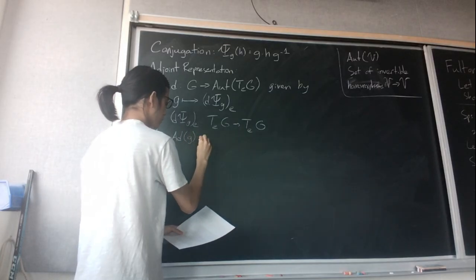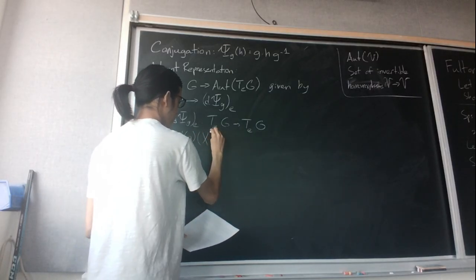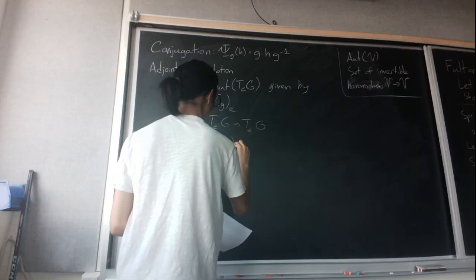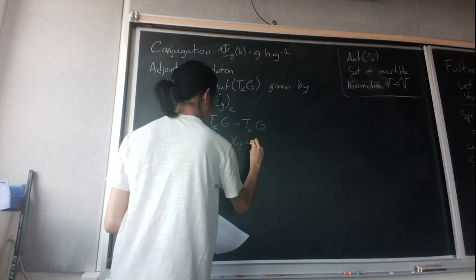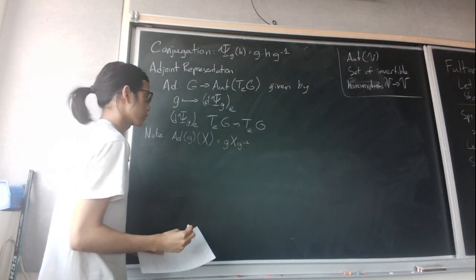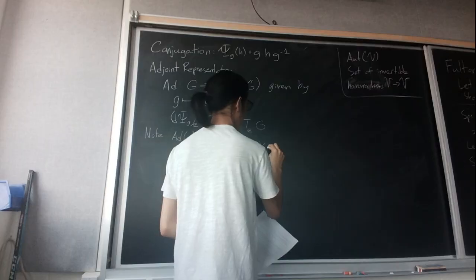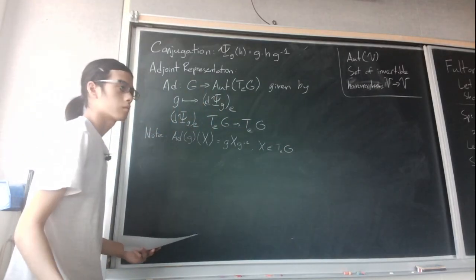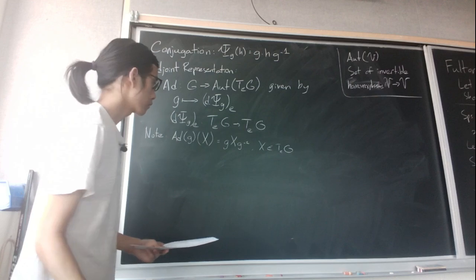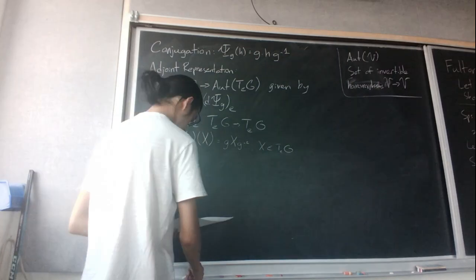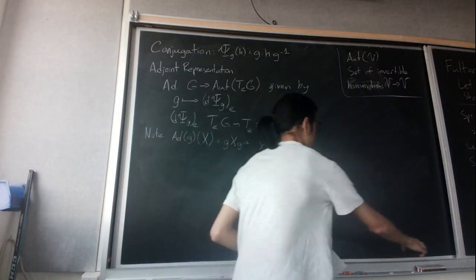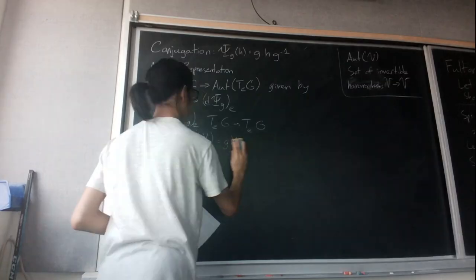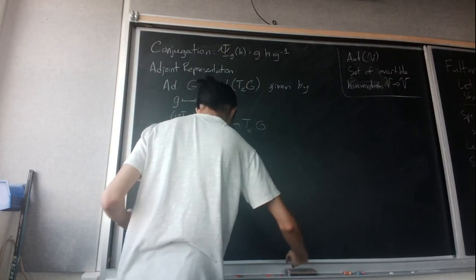If I substitute the identity into the conjugation, I conjugate the identity by G. What letter do I substitute, E?